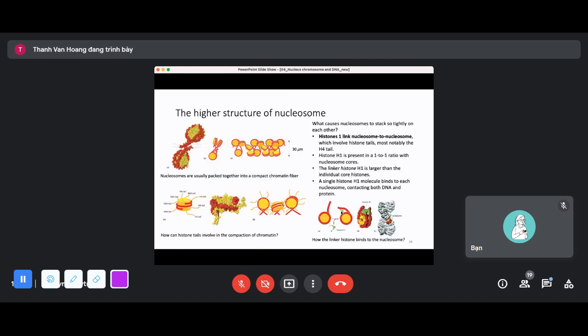Okay? So we have learned that the DNA wraps around the histone core to make the 11 nanometer structure.